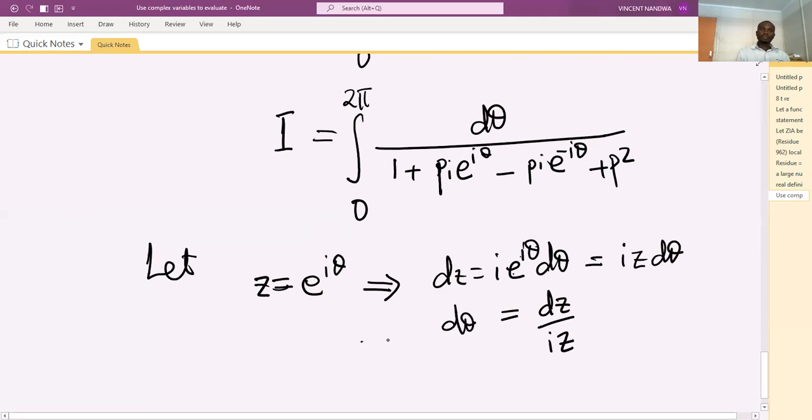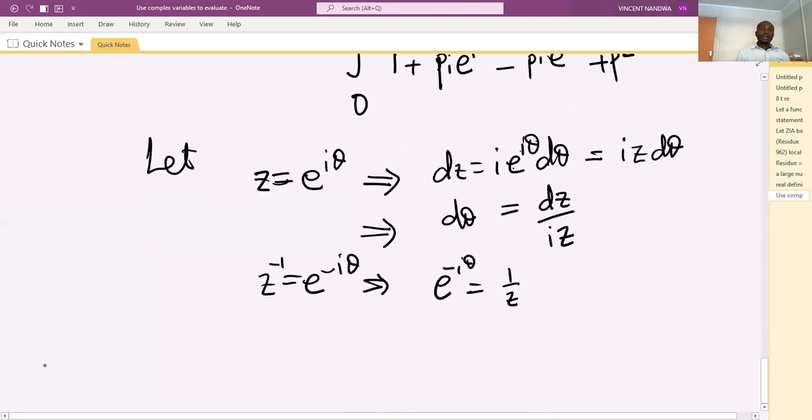So z to the power negative 1 equals e raised power negative i theta, which is the same thing as saying e raised power minus i theta is 1 over z.